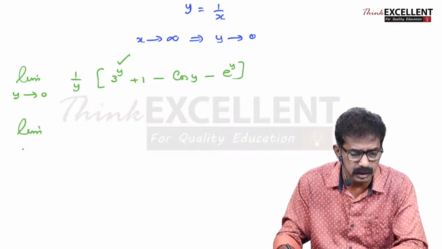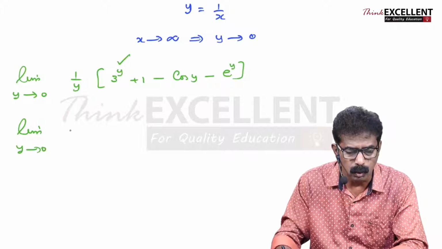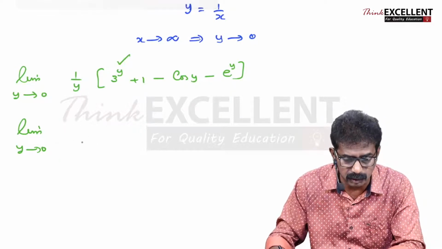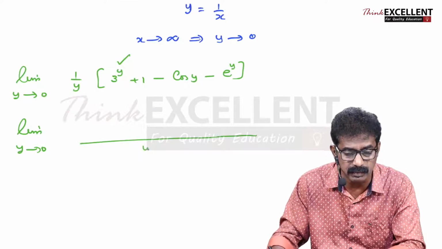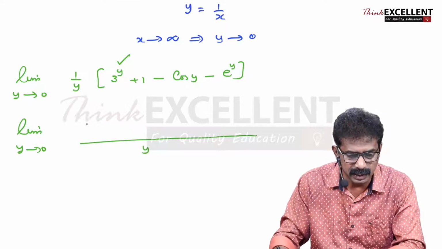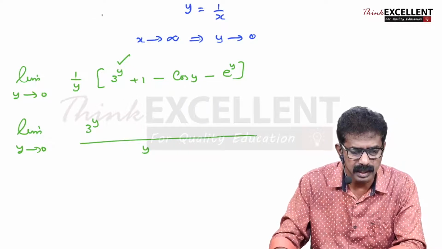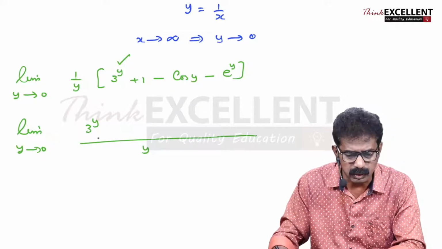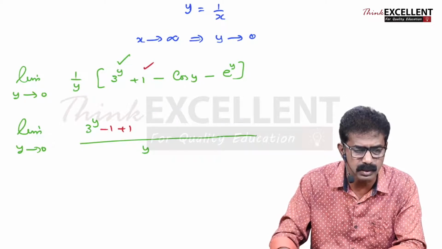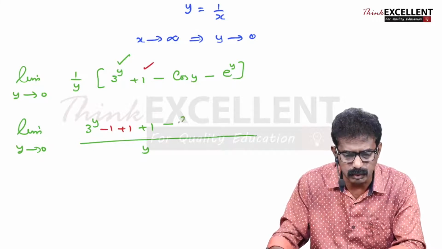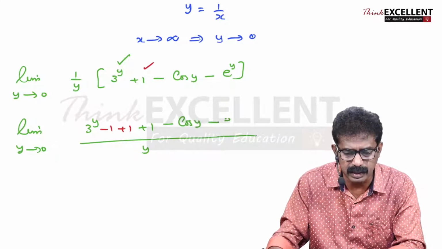So limit y tends to 0, that 1 by y can be taken out, so you can say whole divided by y. Then we are going to split. 3 raised to y we have, and I need a minus 1, so I'm writing minus 1 plus 1. Then we have a plus 1, then we have a minus cos y, then we have minus e raised to y.